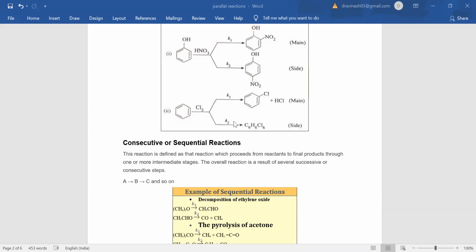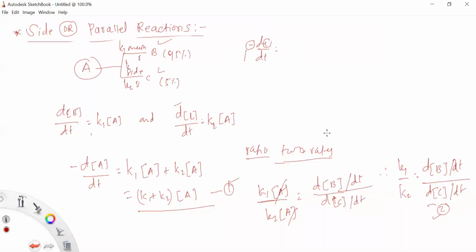So this is all about the rate of reactions or the examples of parallel reactions. The next example is C2H5Cl plus KOH.